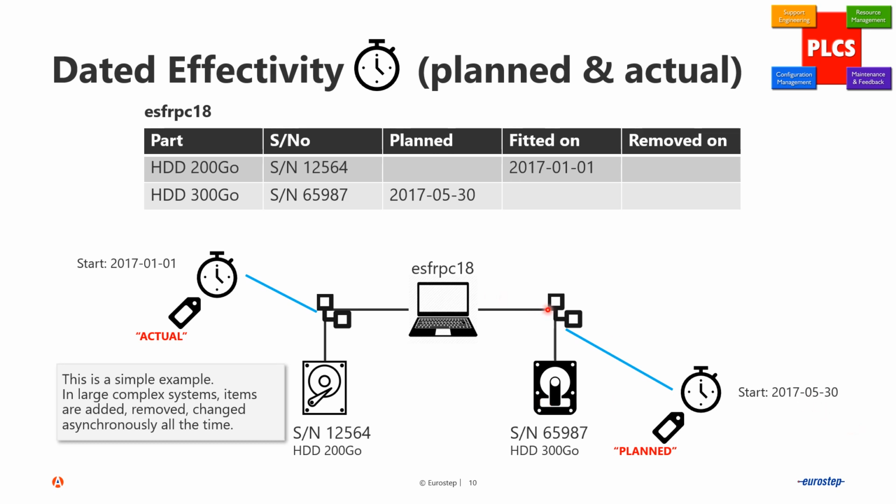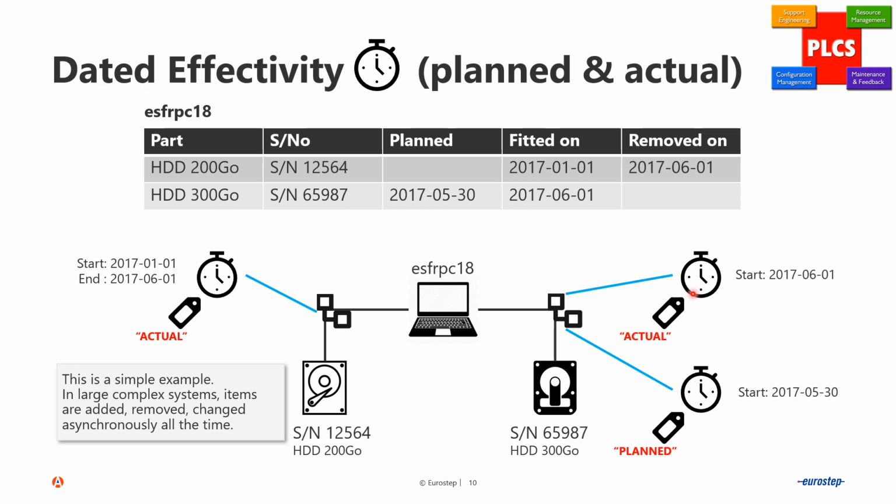So we now have another relationship to this new subassembly of this laptop, but it's a planned relationship, it's not an actual relationship. Then when the maintenance goes ahead, you find that this disk was actually fitted in June 2017 rather than the planned date of May 2017.